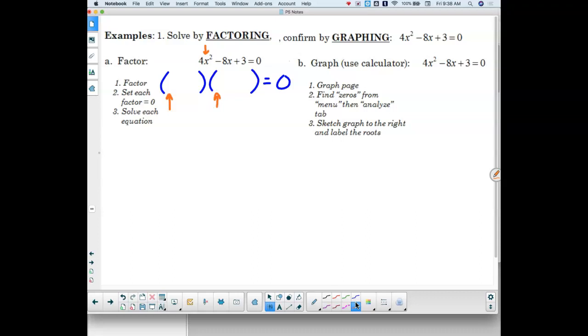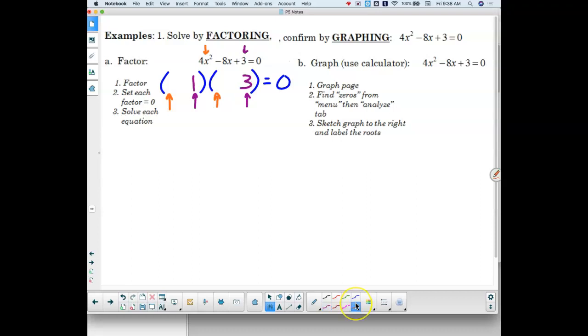Then I'm going to look at the last term, my constant term, and that's going to go in the second position inside those parentheses. The nice thing about 3 is that I only have one choice. There's only two things that multiply together to be 3, and that's 1 and 3. So I can fill that one in right away.